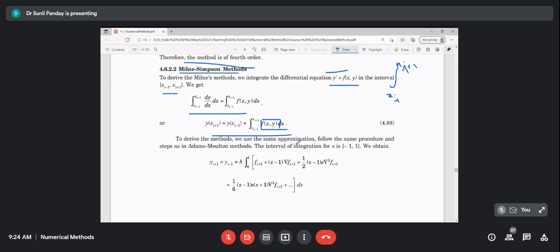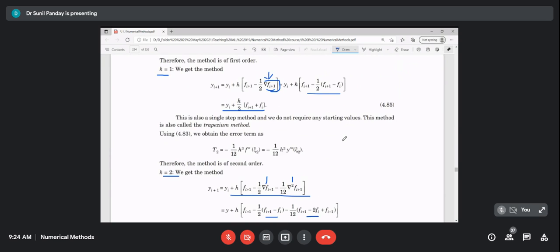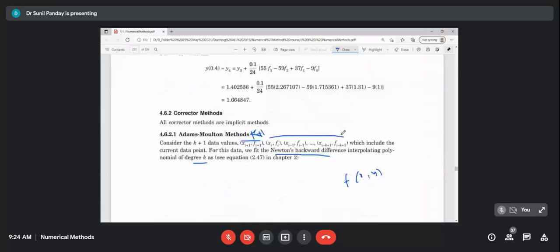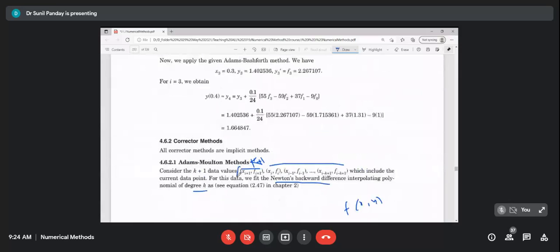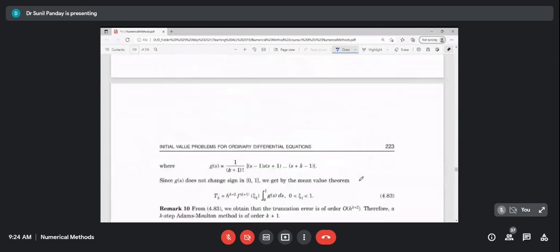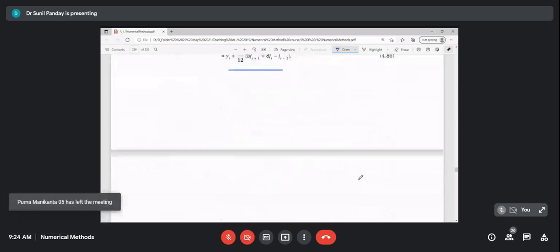Again we use our Newton backward interpolation formula. And here again we are considering all the points like what we have considered here: all these points, xi plus 1, f of xi plus 1, xi, f of xi, xi minus 1, f of xi minus 1.